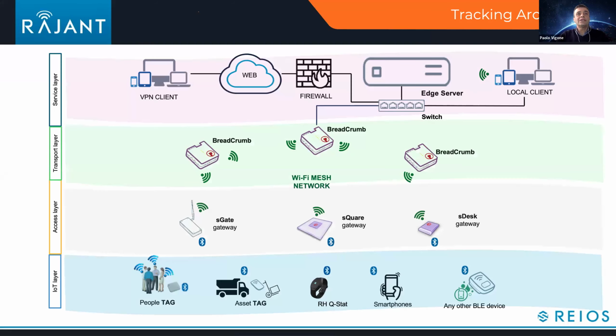Back on the big picture, yesterday we finished with the setup of the edge server. We also set up the VPN, in case, and now we are ready to install all the access layer devices and also the IoT devices.